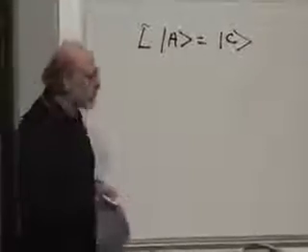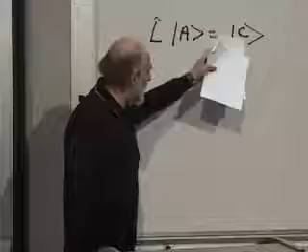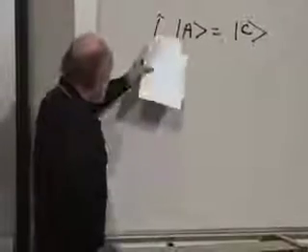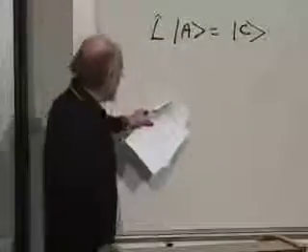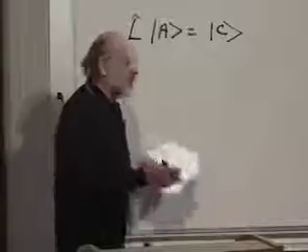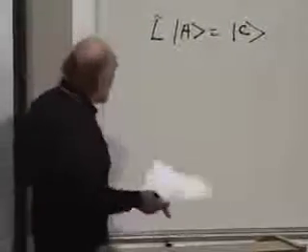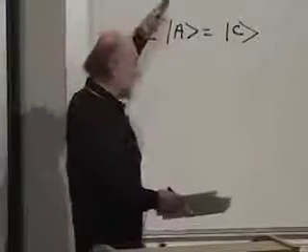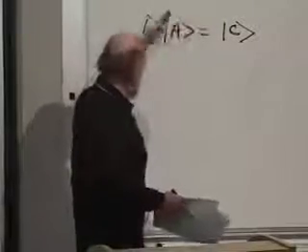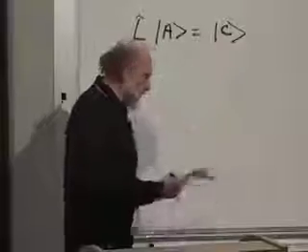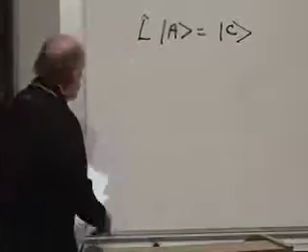Now, you may wonder what happened to B. Well, B will come back, but for the moment, let's just call this C. Every A, you can act on it, and it will give you some C. That's a linear operator. Well, that's an operation. The fact that it's linear entails certain conditions, that it acts on the sum of vectors to give back sums, and so forth. I won't go through that again.